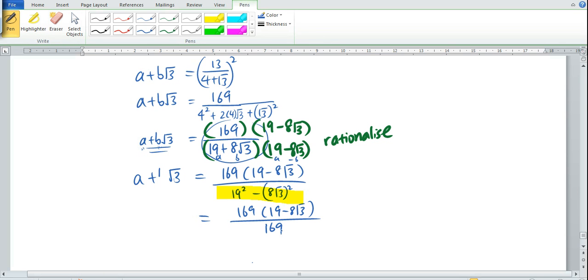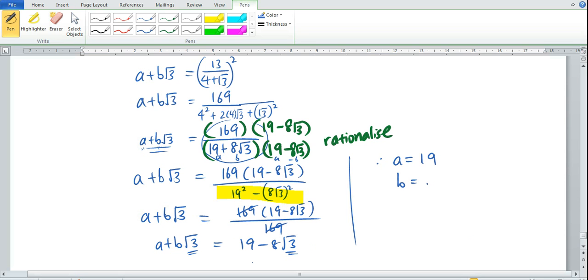So I can therefore reduce, and hence a plus b square root 3 will be equal to 19 minus 8 square root 3. Notice that the surds are the same. So I can do a comparison left and right and say therefore a is equal to 19 and b is equal to 8.